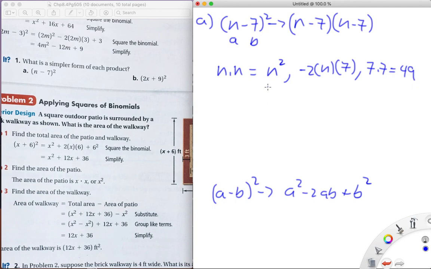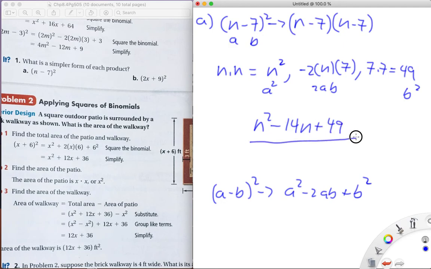So this is my A squared, this is my 2AB, this is my B squared. Once I have those set up, all I have to do is put them together: n squared minus 2 times n times 7, which is 14n, plus 49. And that's it. You memorize your guidelines, or you set up your guidelines and just plug them in. So that's A.